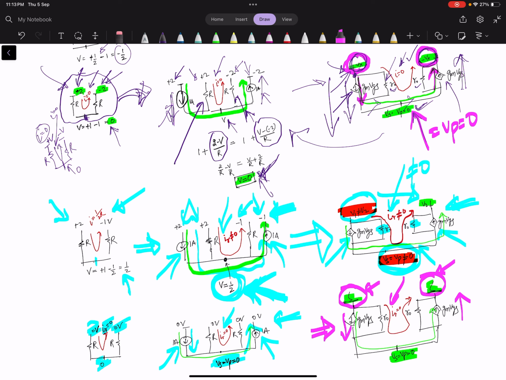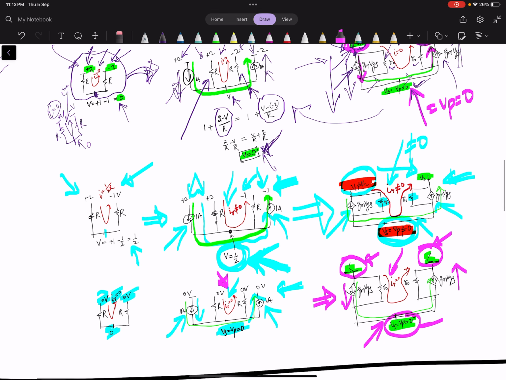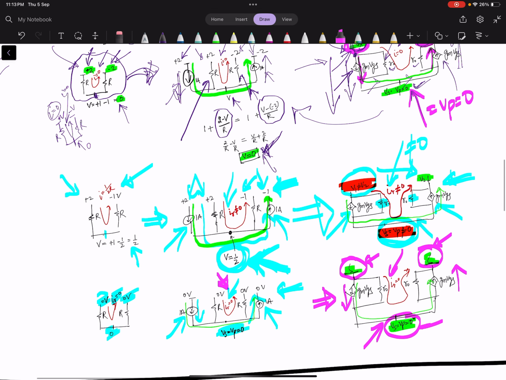If you see closely, the current through this resistance is 0, and because of that your node voltage Vp, or source voltage Vs, is 0. So this is the basic concept of virtual ground. If you want, I can summarize this in a simpler way.